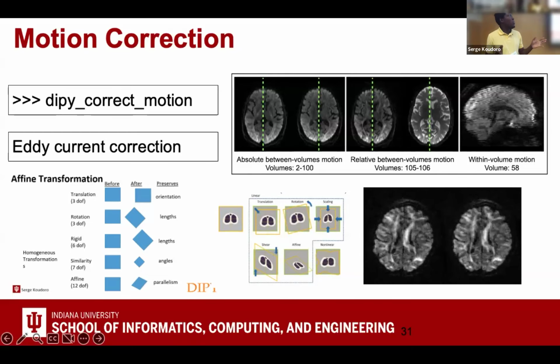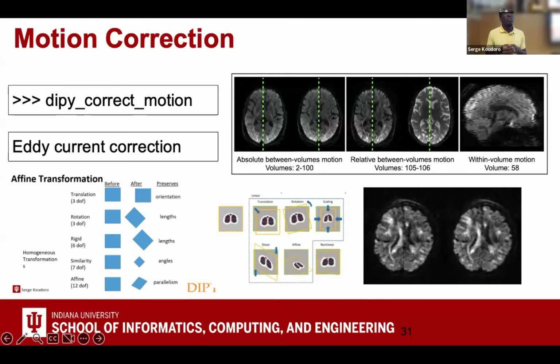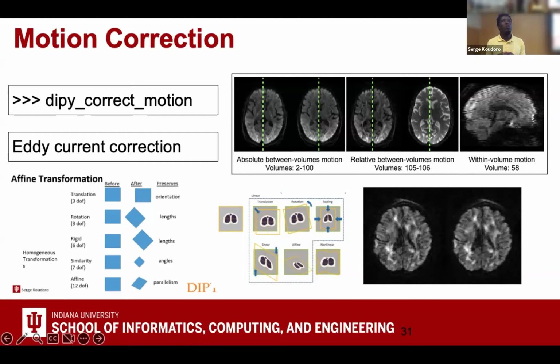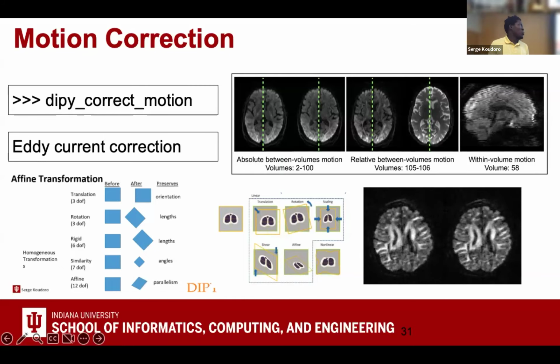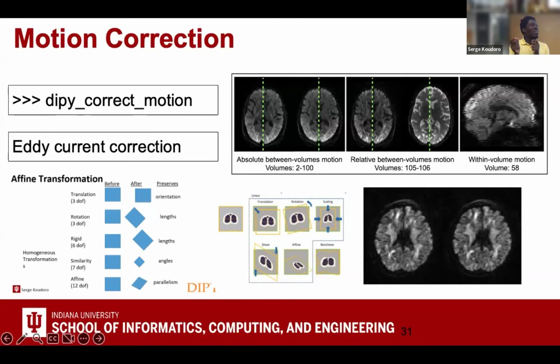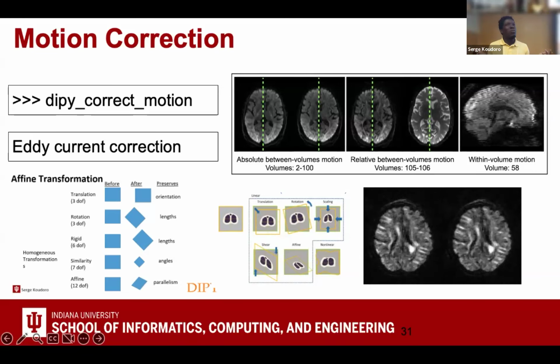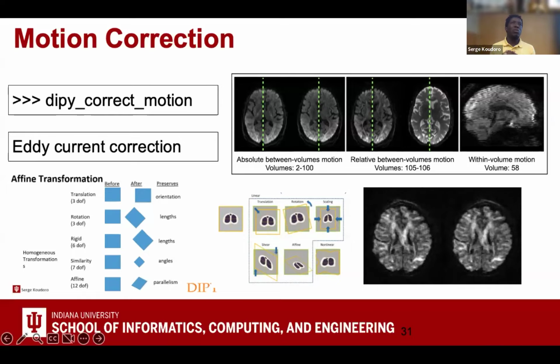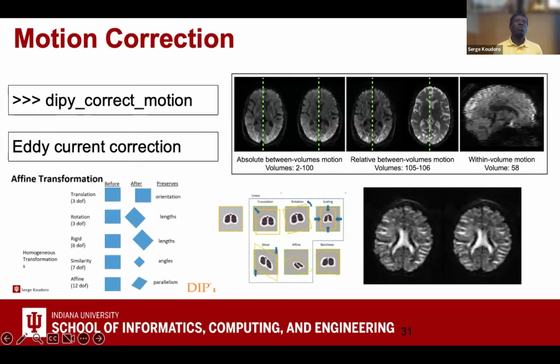We just need to do a registration and an intensity correction, and my answer is yes. If you do that already, you get a very good result. Of course, FSL does extra stuff that might get slightly better results, but I would say it mainly depends on your data. In our case, we saw that on many datasets, just doing this intensity correction combined with the rigid registration works very well.